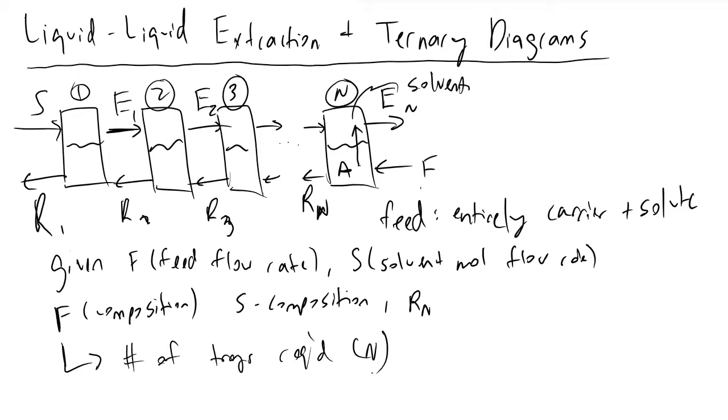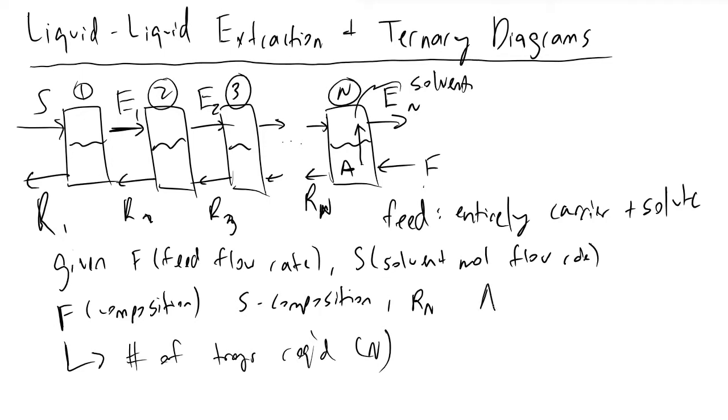And a quick note before I get into ternary diagrams: when we are working with ternary diagrams and liquid extraction, the way we define our composition is in terms of weight fractions or weight percentages of one of the three components. So our system will be composed of A, which will be our solute, S, which is our solvent, and C, which is our carrier.